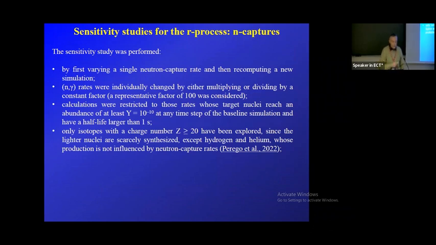And how did we proceed? We first varied a single neutron capture rate and then recomputed the simulation. We varied them by a factor of 100.